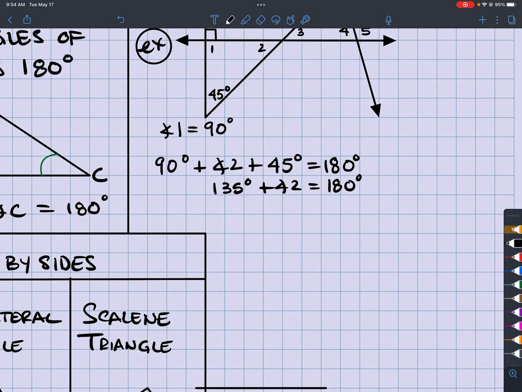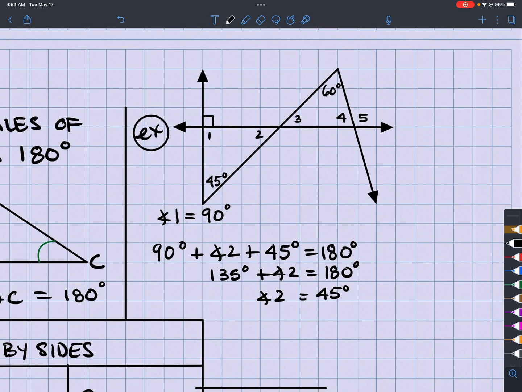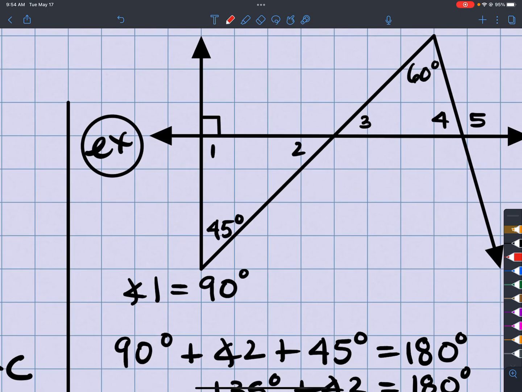So therefore angle 2 is 45 degrees. Okay. So if angle 2 is 45, let me put it in red here. We know that this is equal to 90 degrees. Angle 2 is equal to 45.